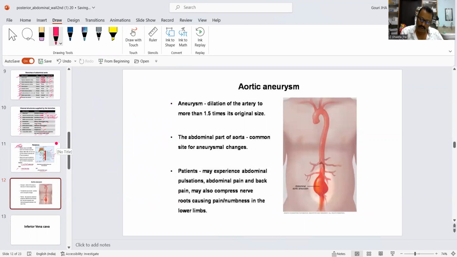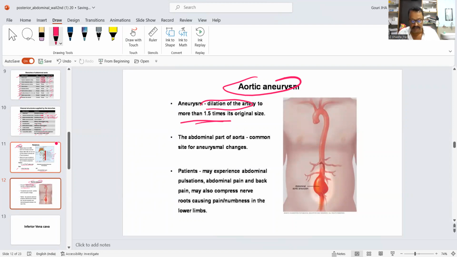Now coming to the aortic aneurysm, which is an important one. Aortic aneurysm is nothing but the dilatation of the artery. When it becomes more than 1.5 times the original diameter, then an abdominal aortic aneurysm appears. The abdominal aorta is the commonest site for aneurysmal changes.